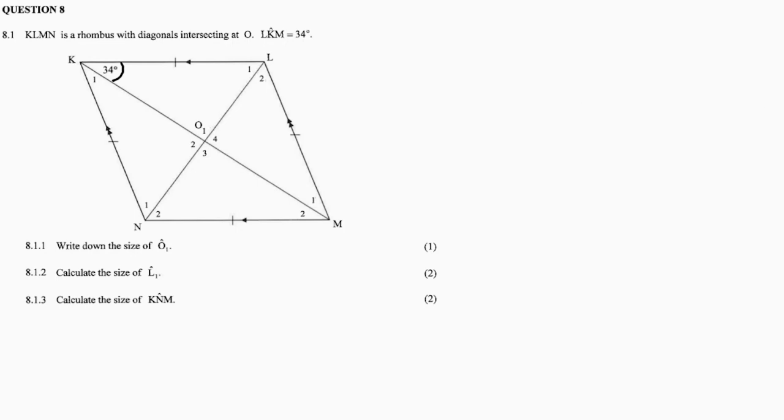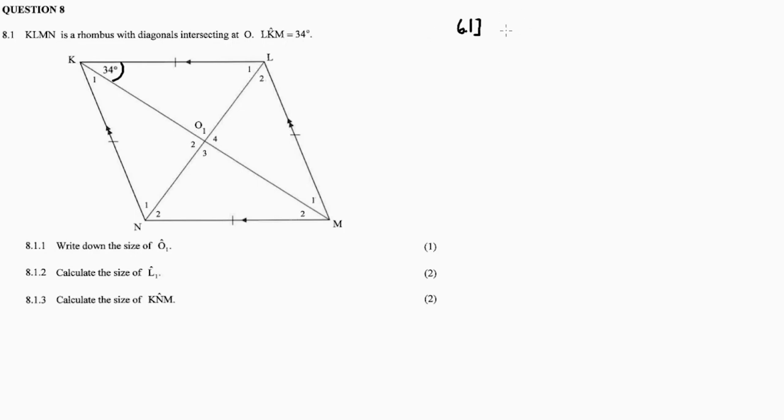If you know the properties of a rhombus well, we know that the diagonals of a rhombus intersect each other perpendicularly.